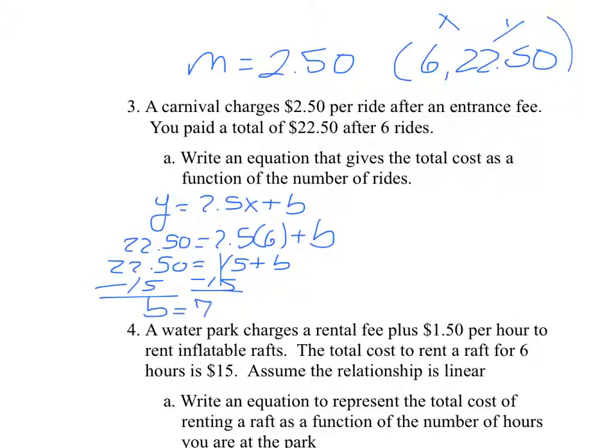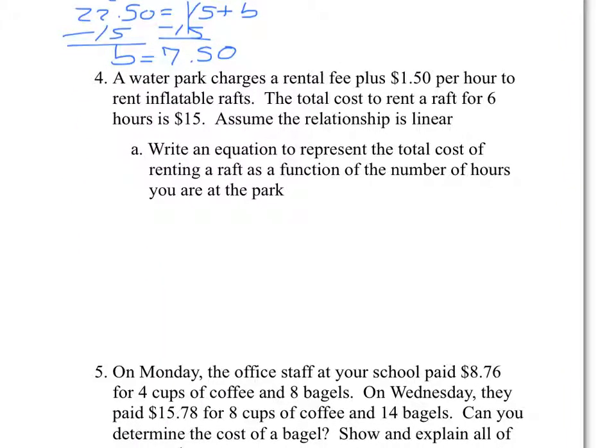And b is 750. So y equals 250x plus 750. And that's all it asked you to do. You didn't have to interpret it, just wanted you to write the equation. Number 4, very, very similar. I'd like you to take a minute, go ahead and try that one.